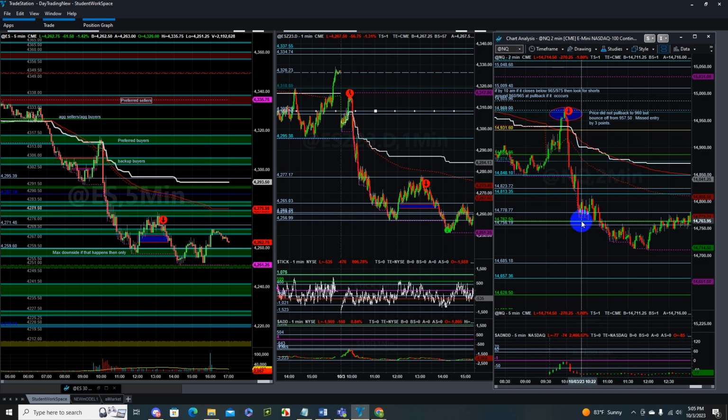Then again it flushed out. Now it's too late for me to short in the morning, because my target was this area. So I cannot short here or here targeting this and assuming price will just go right there in the morning.